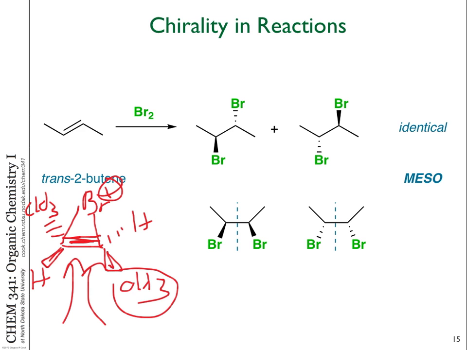But again, we attack in both ways and we would get the RR and the SS. And again, we could draw it this way or this way, identical. But keep in mind, the mechanism is still the same. We observe diastereoselectivity if that double bond is in a ring.